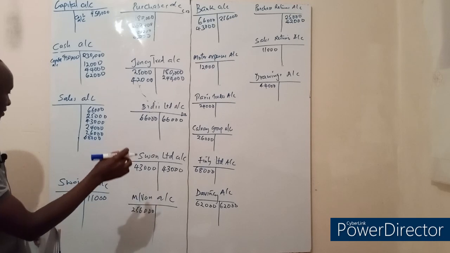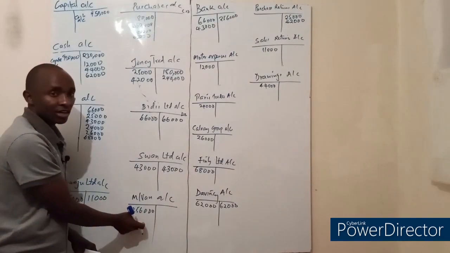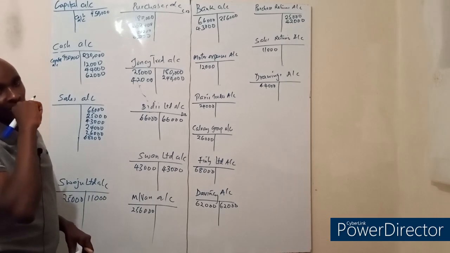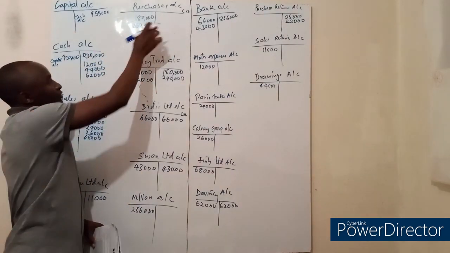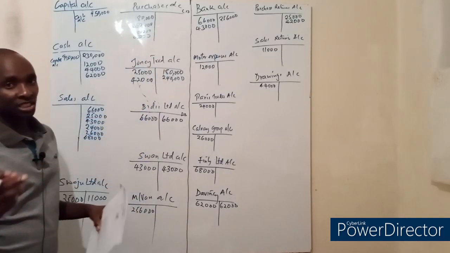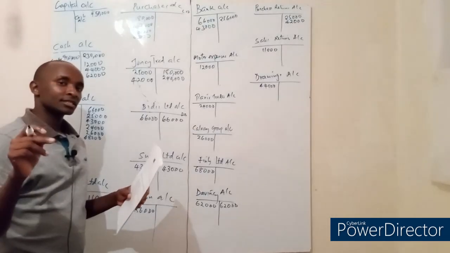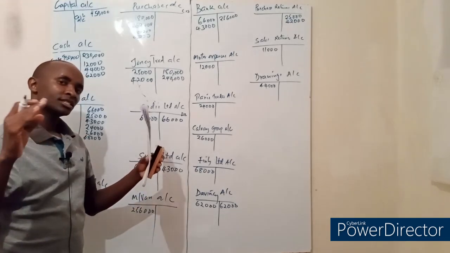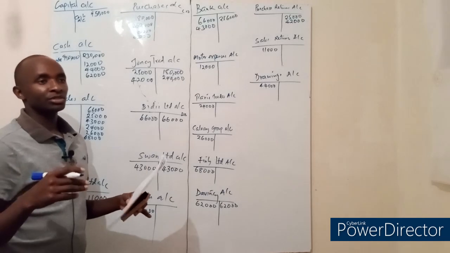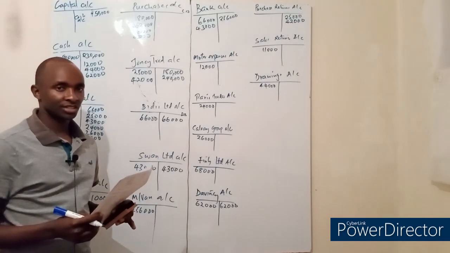With our motor van, we open the motor van account, not indicating it in the purchases. Are we together? So the purchase account is for goods. These are liquid items that maybe will stay in the business for less than one financial year. But motor van, stationery, and others will stay in the business for more than one financial year.